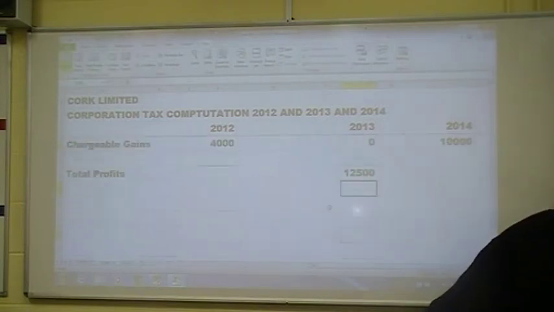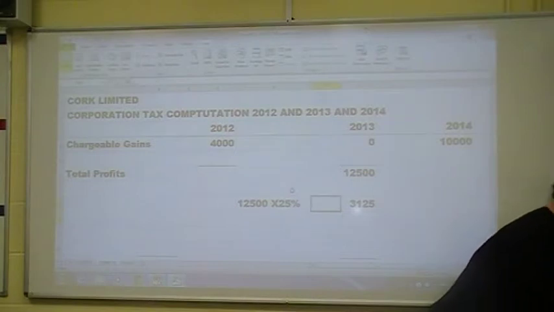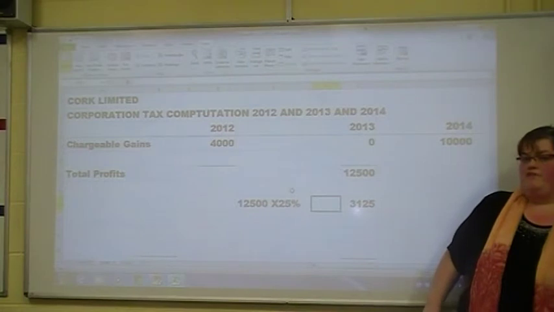So that's case 5 income, isn't it? So that's all going to be at 25%. So our liability for that 12,500 by 25% is 3125.